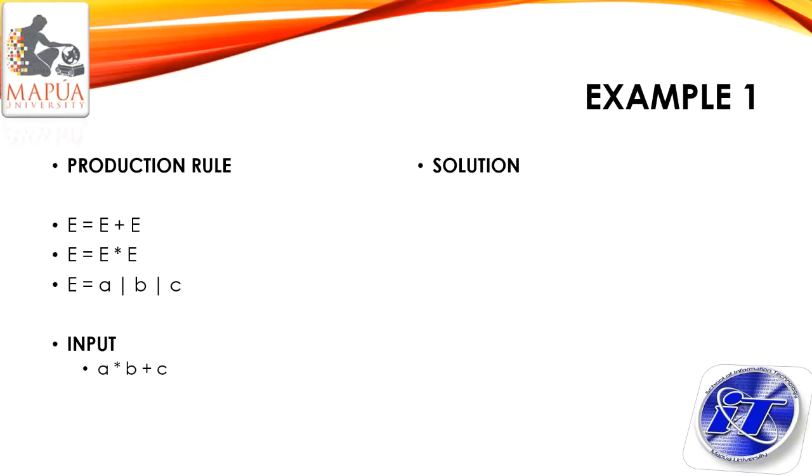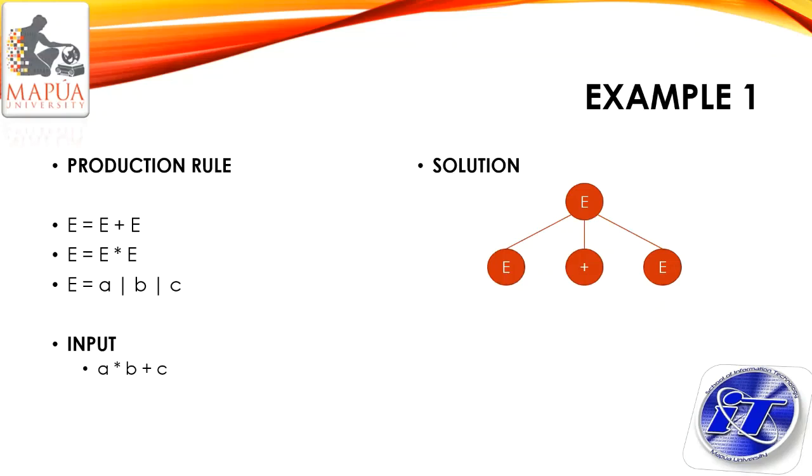For me, I'm going to use the first production rule, E yields E plus E. So the start node will be our root node, and it yields E plus E. We have three additional nodes after the root node.